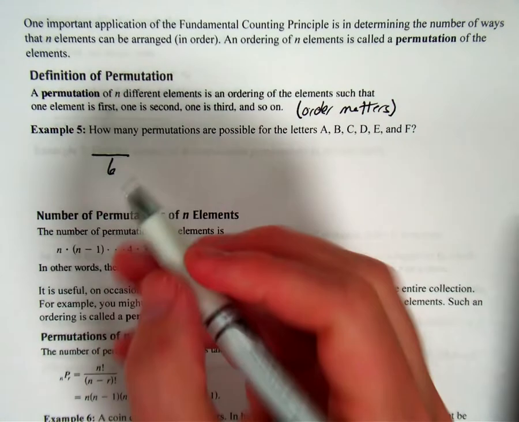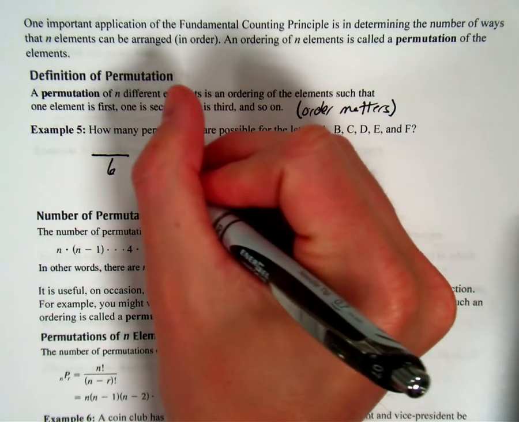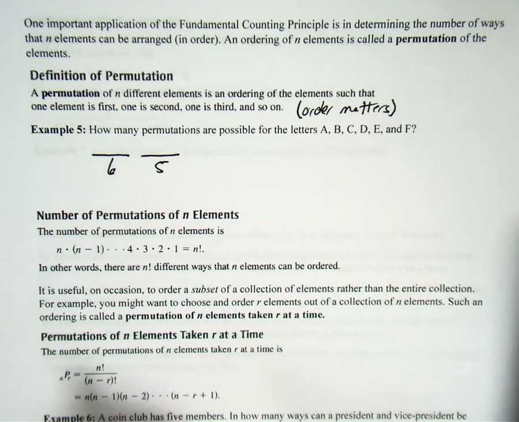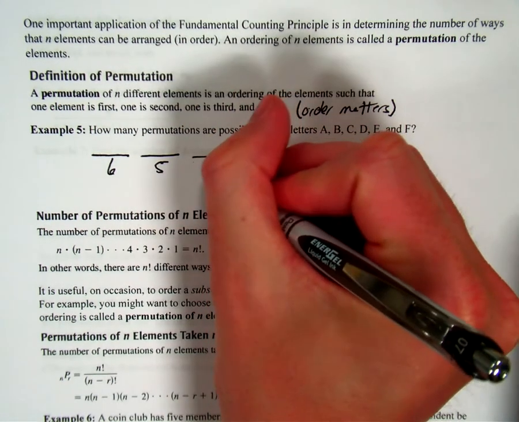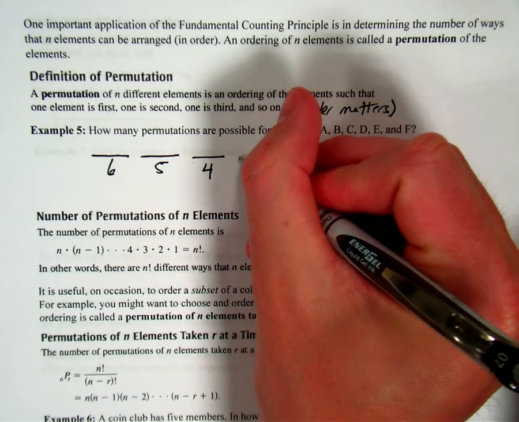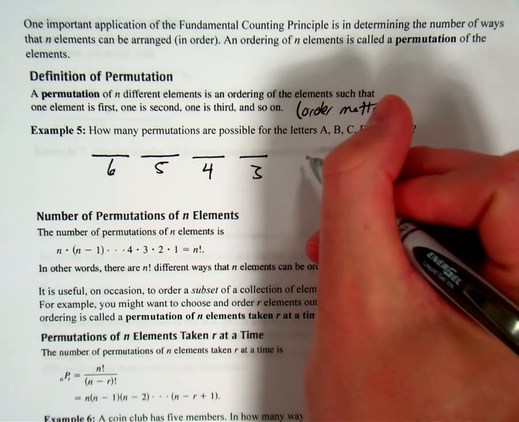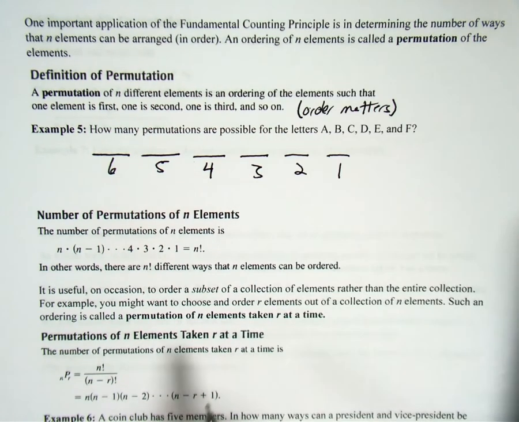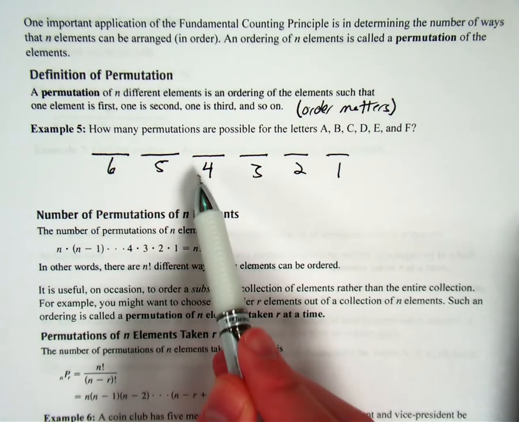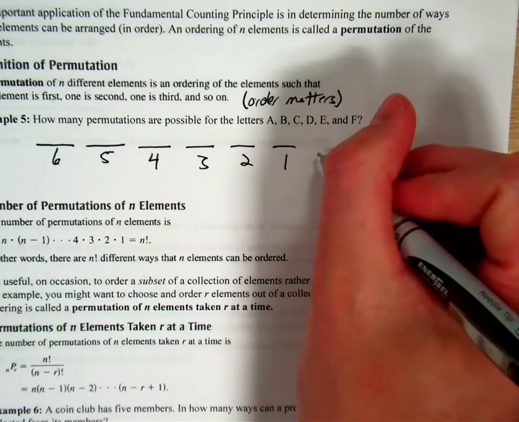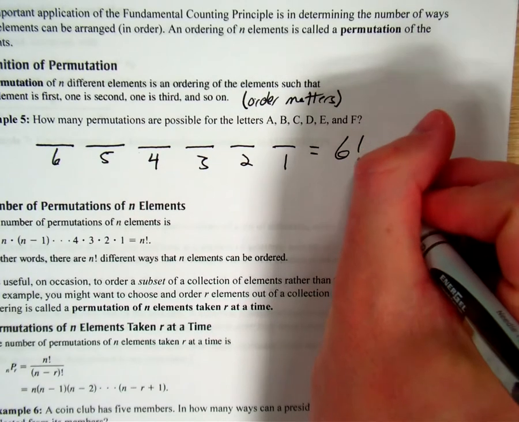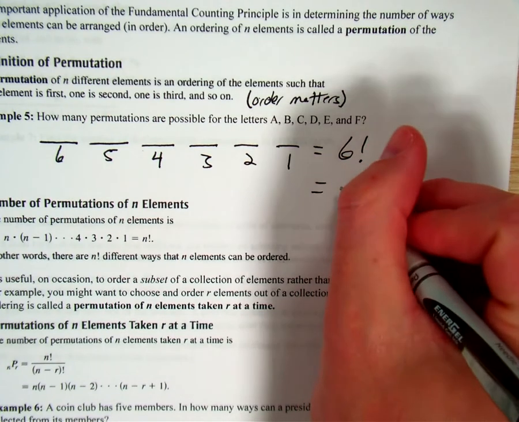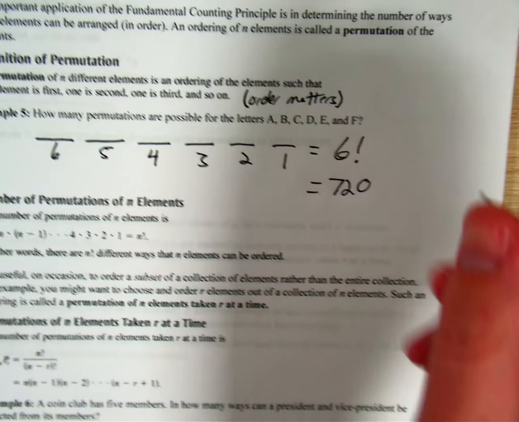Now I've taken one of those, and I have 5 left, so I have 5 options for the second spot. Then we have 4 options left for the third spot, 3 options left, 2 options left until we're left with a 1. And look at that: 6, 5, 4, 3, 2, 1. That's going to be 6 factorial, or 720 different permutations.